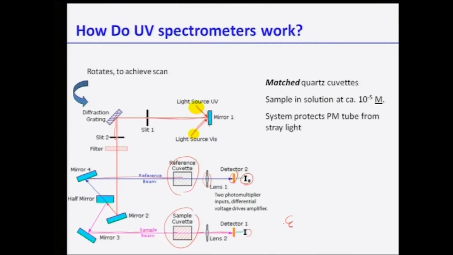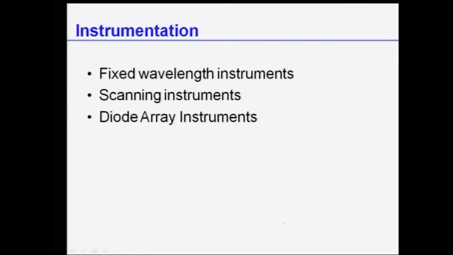Samples obviously must be of very small concentration, like 10 to the minus 5 molar, and the tubes have to be protected from sterilites, which I discussed in the first class. Normally a D2 lamp is used for UV and a tungsten lamp for visible, and double beam makes a different technique.